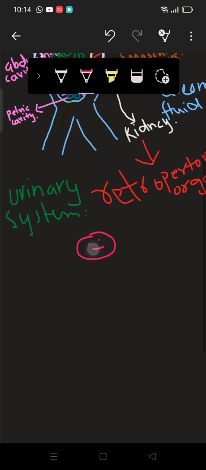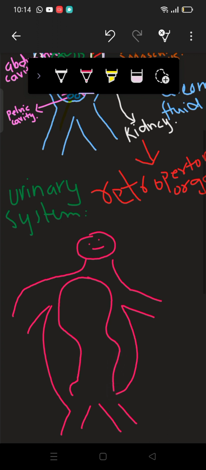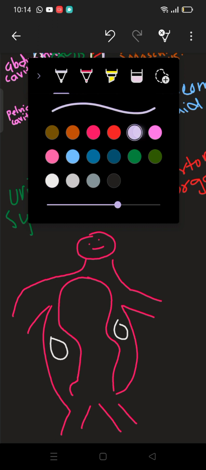This is the coelomic cavity again. As we have talked about, kidneys are retroperitoneal, meaning they will not have the covering of the parietal peritoneum, only the covering of the visceral peritoneum.